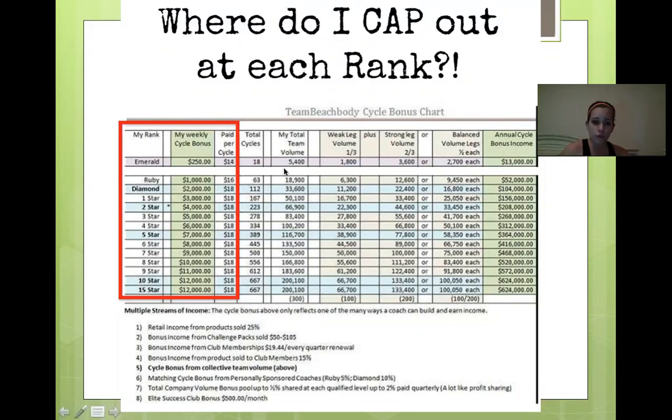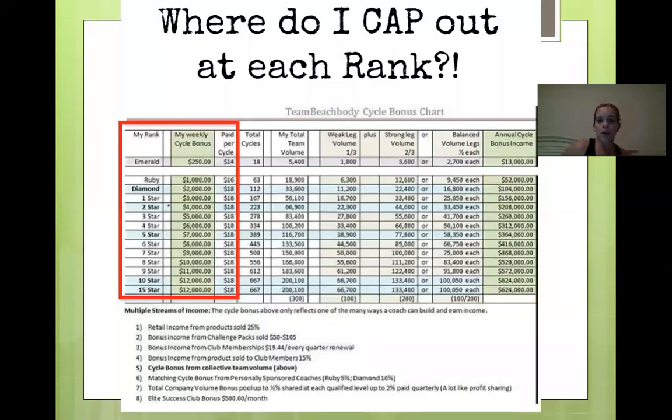So just to very quickly say what the rest of this means: you need to hit 18 cycles to max out at $250, okay? Your total team volume should be about 5,400, 1,800 on your weak leg, 3,600 on your strong leg, or, excuse me, about 2,700 on each if you have balanced legs, with no weak or strong leg.